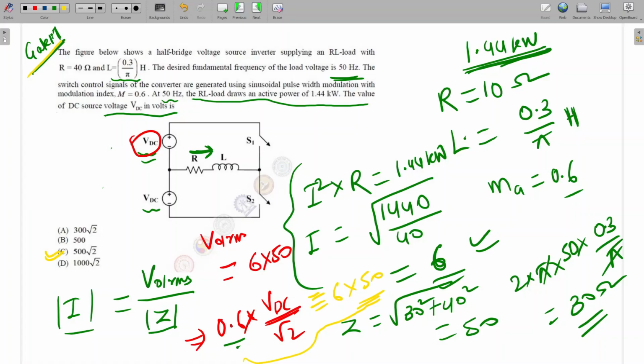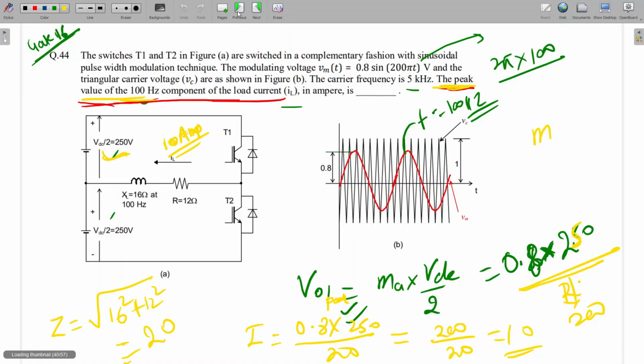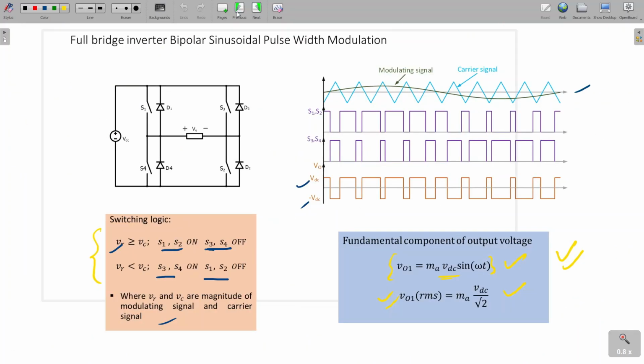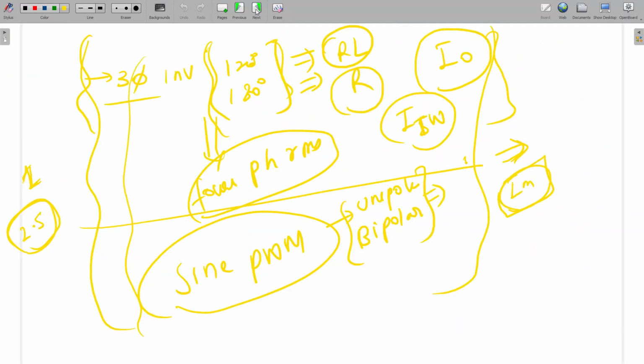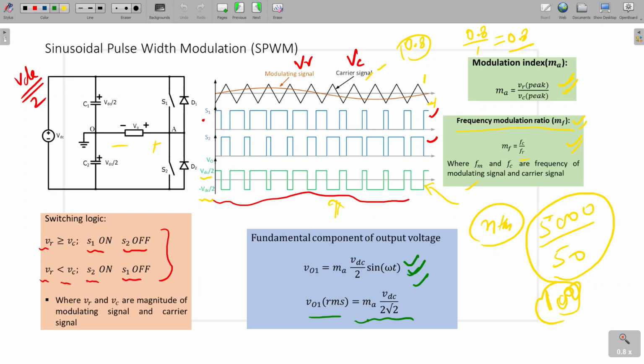Sir, but we have to find the source voltage, no, sir? That VDC is the source voltage only, na? But this VDC is across the capacitor, no, sir? See, if you go to the bridge circuit that I explained, VDC was here and VDC by 2 was coming here.